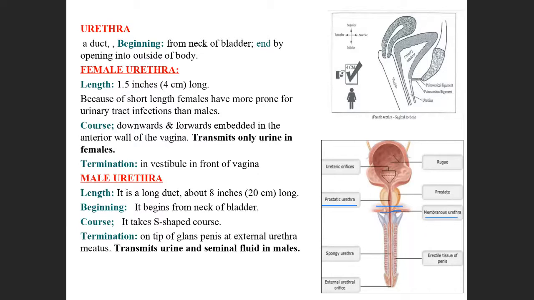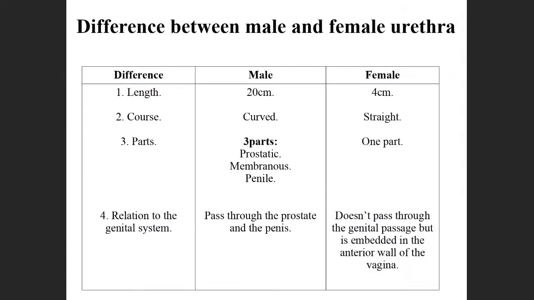The part which is present inside the penis is called the penile part of the urethra or spongy urethra. You should know the difference between the male and female urethra, whereas there is only one part in the female urethra.